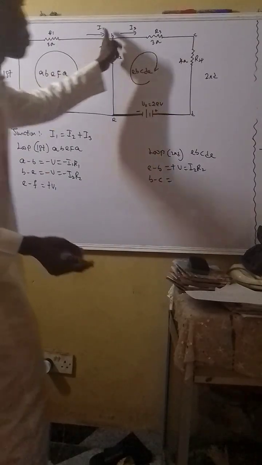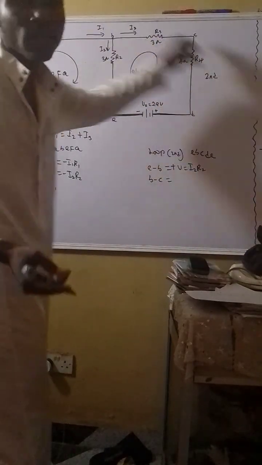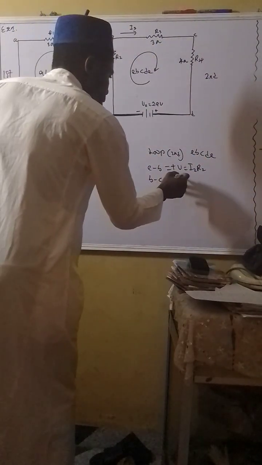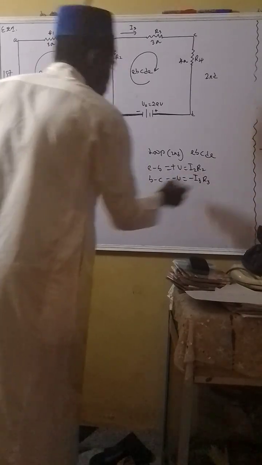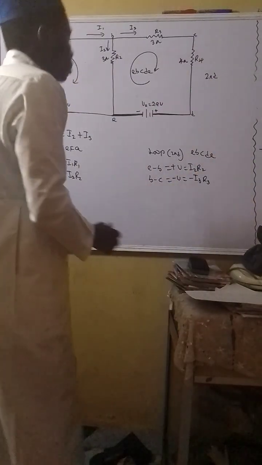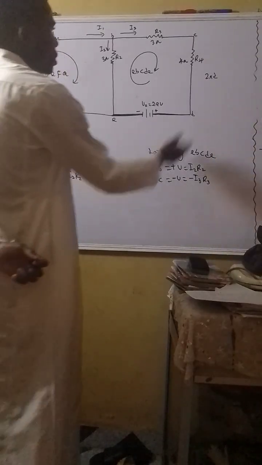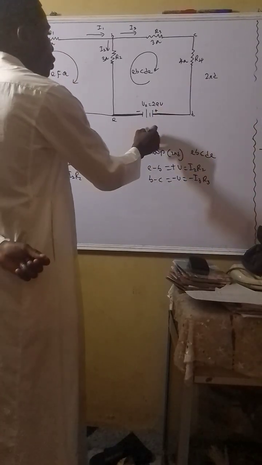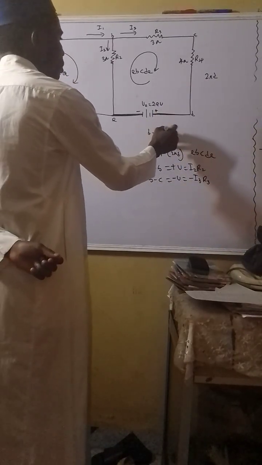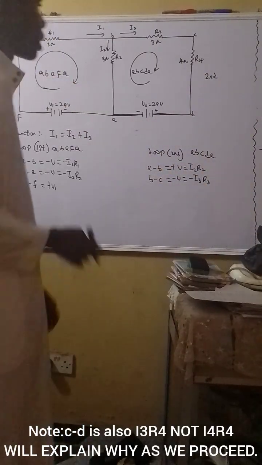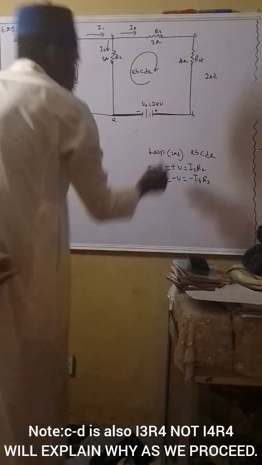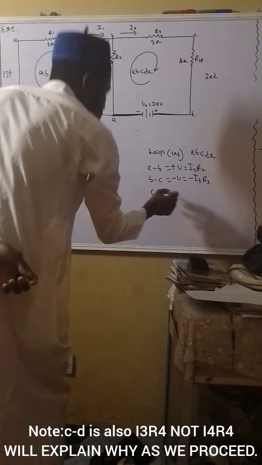Since the current is moving like this, with respect to the direction, it becomes negative V, which equals negative I3 R3. Then C to D. You can actually write B to C, then C to D together, which is also allowed, but let's break this down to make it clearer. C to D equals what now?